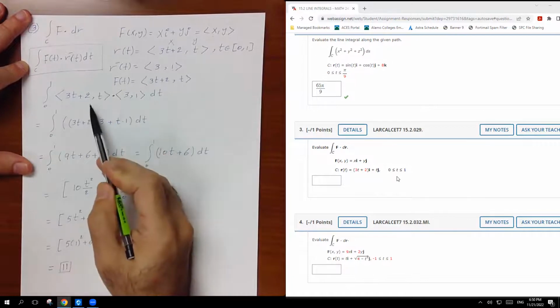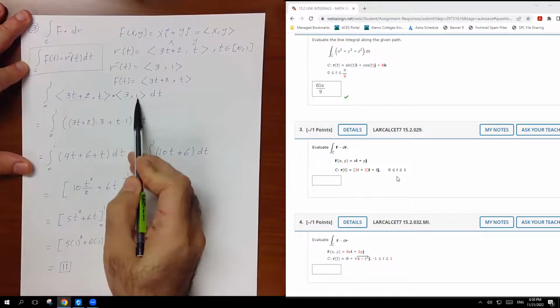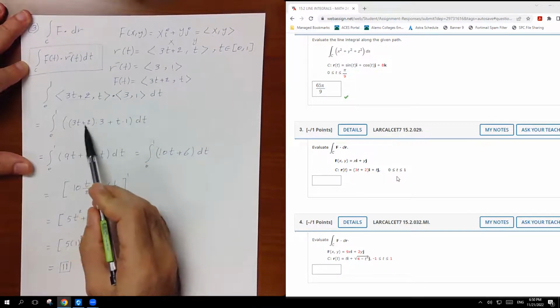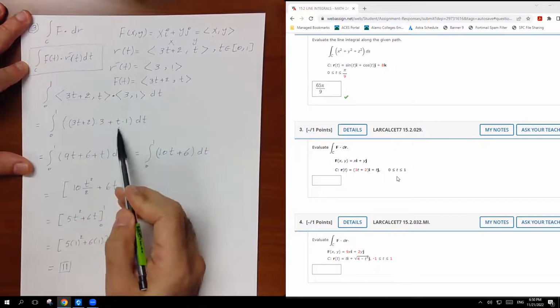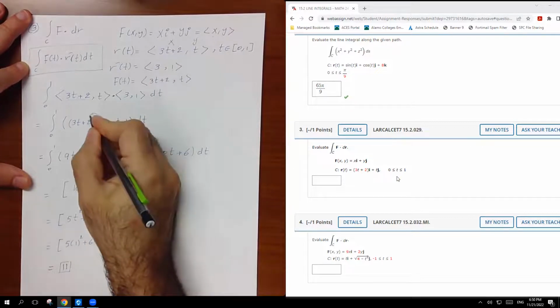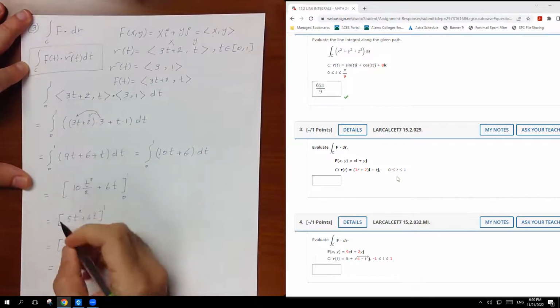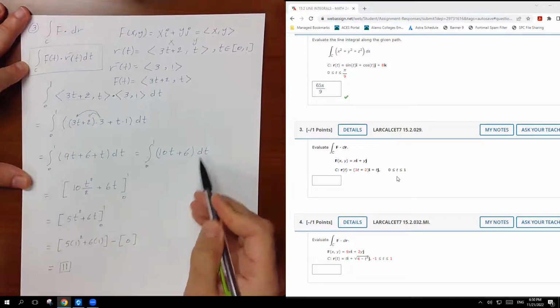Dot product, be careful: this one times this one plus this one times this one. So (3t plus 2) times 3 plus t times 1. Now it's going to be 9t plus 6 plus t, because we distribute here, and combining like terms is 10t plus 6 dt from 0 to 1.